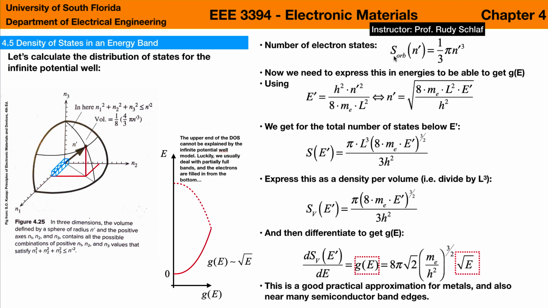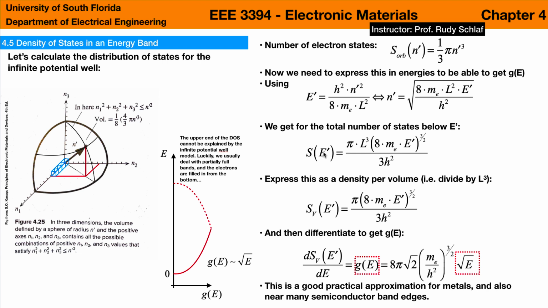And if we want to differentiate this to get the density of states function g of E, we need to express this here in energies. So we can do that by replacing n prime with E prime using the formula for the eigenenergies. And when we do that, we get this expression here that gives us the total number of states below E prime.